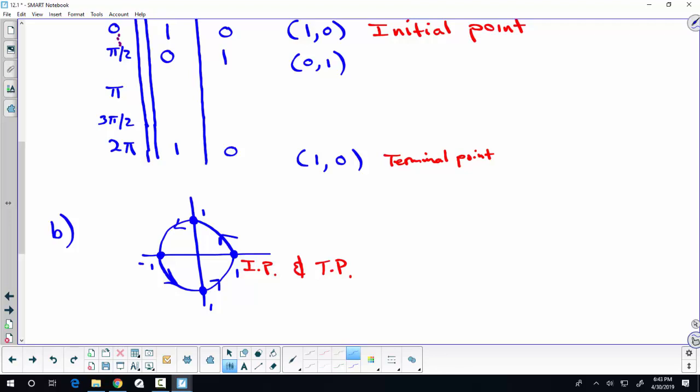So we have (-1, 0). For B, by putting those arrows in there, you're indicating the positive or the forward direction of orientation.